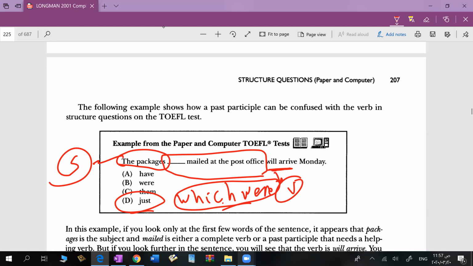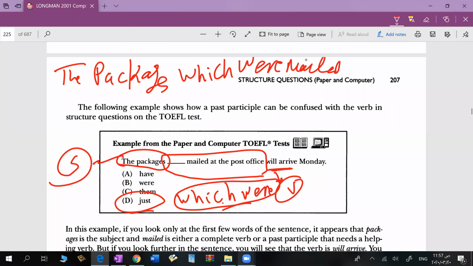Questions? Is it clear? Yeah, it's got it. Okay, I will write the other option. The packages which were mailed will arrive. Okay, so here we have the subject, the packages, and the verb will arrive.